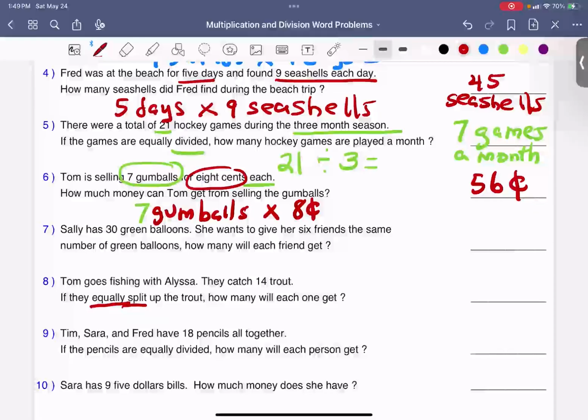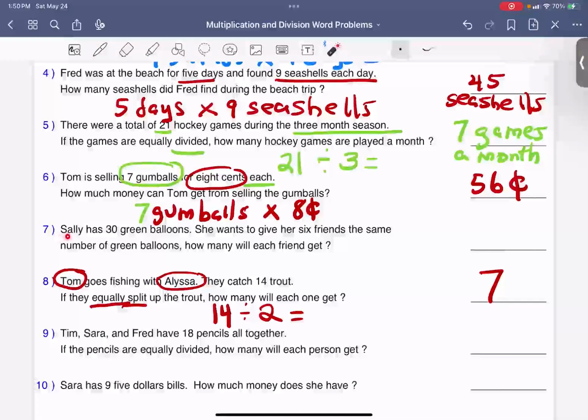Split. So, split means to cut up or divide. So, the total trout found was 14, and we're going to divide by 2 because there's Tom and Alyssa. They're 2 people. So 14 divided by 2 is equal to 7.